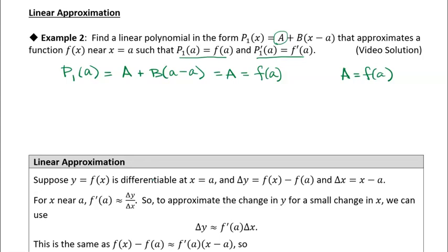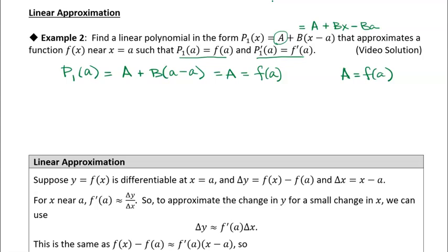Now we also want the value of the derivative to match. So I'm going to rewrite this so that it's easier to take the derivative of. We have a plus, and if I distribute that b, I have bx minus ba. Remember, capital A and capital B are constants that I'm trying to find, and this lowercase a is also a constant.